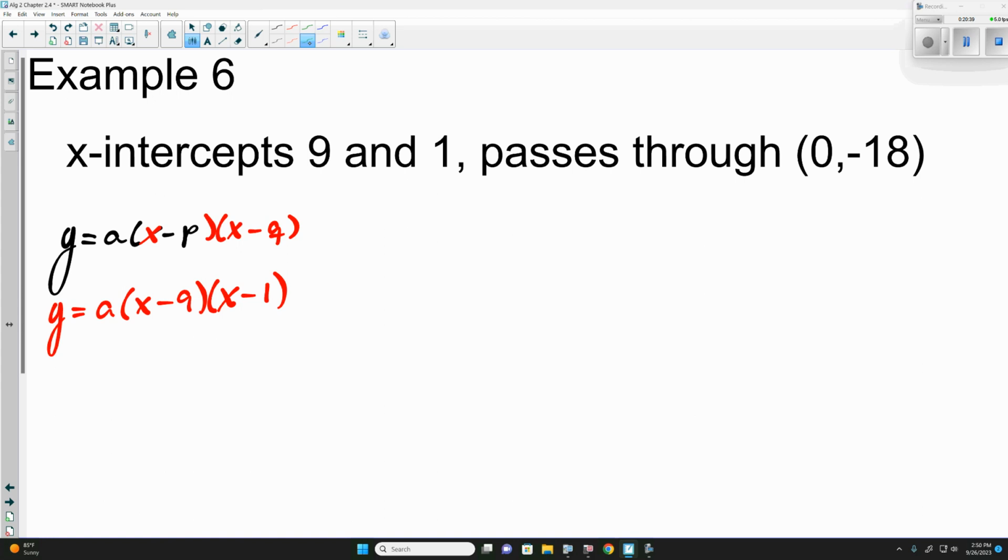Now the only thing we're missing is the a value. But we do have a point. So we plug in our point. We're plugging in negative 18 for y and 0 for x.